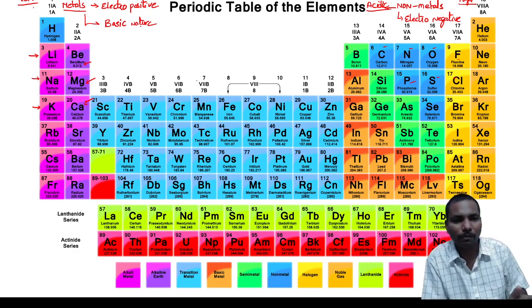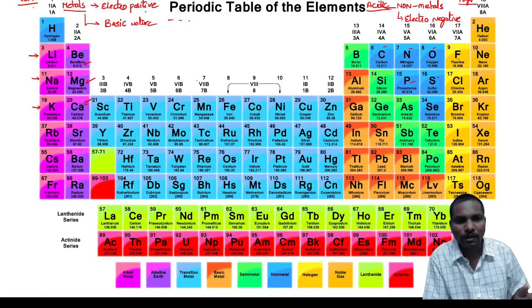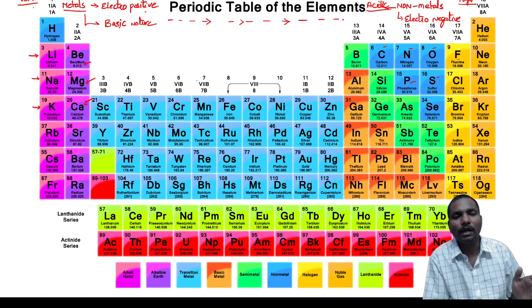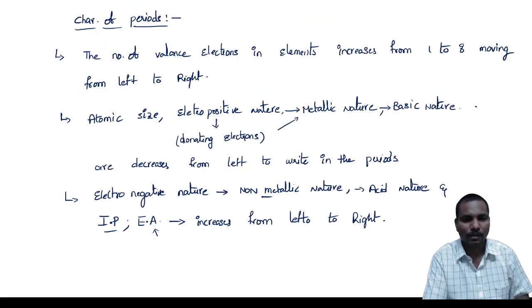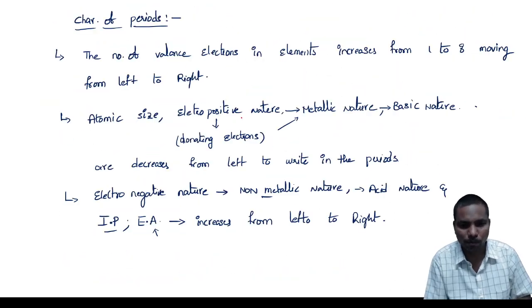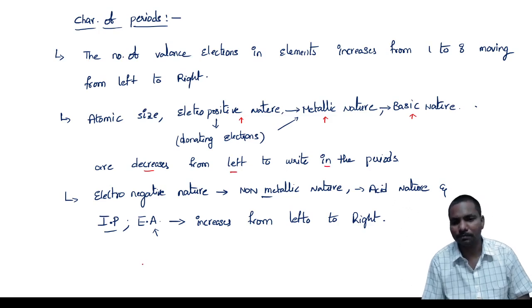Whenever we go from left to right, all these decrease. That is the point I have given here: electropositive nature, metallic nature, basic nature decrease from left to right in the period.